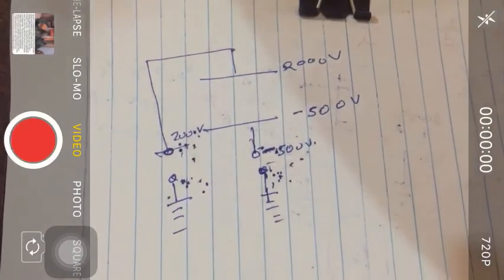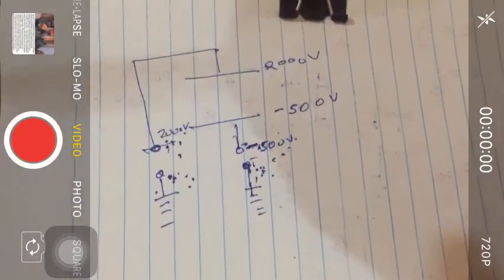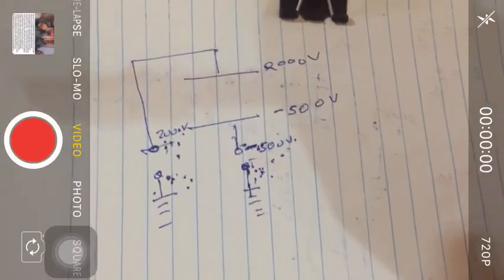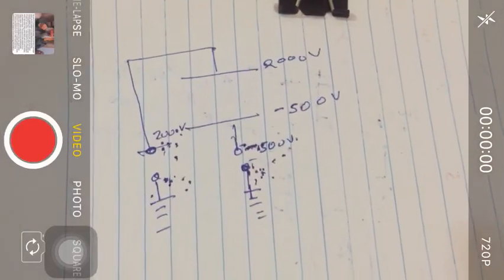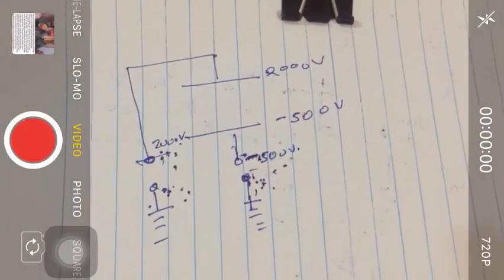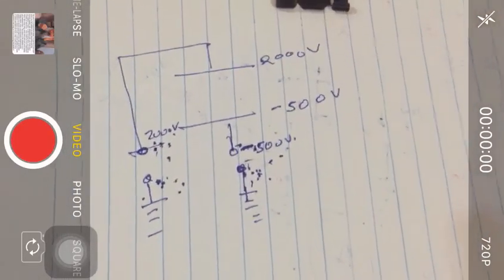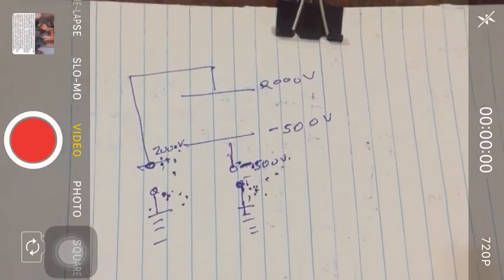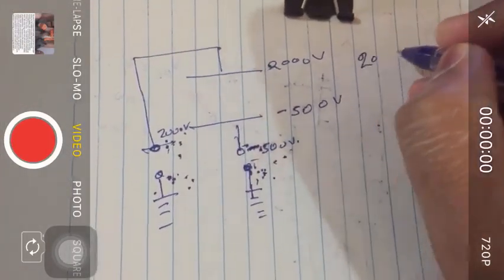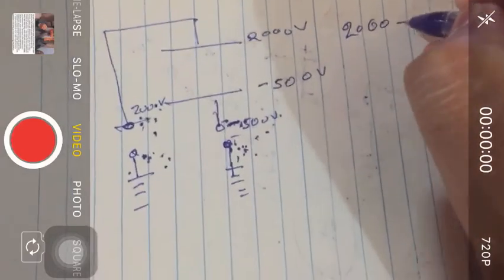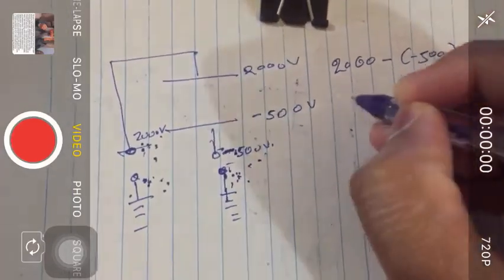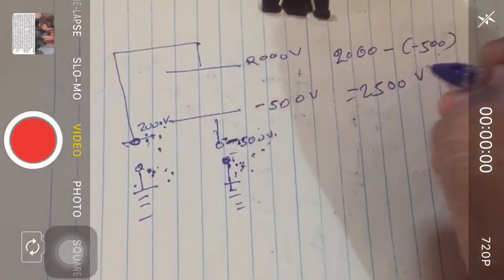But if someone has to give me 2000 rupees, I can say I have to give them minus 2000 rupees, right? So then 2000 minus minus 500 would end up being 2500 volts.